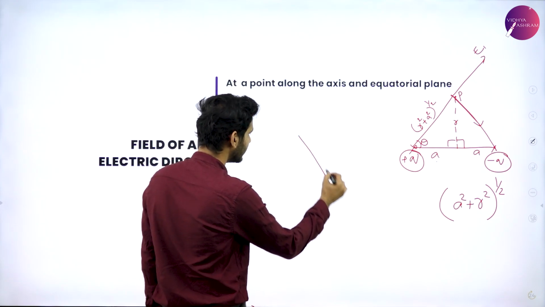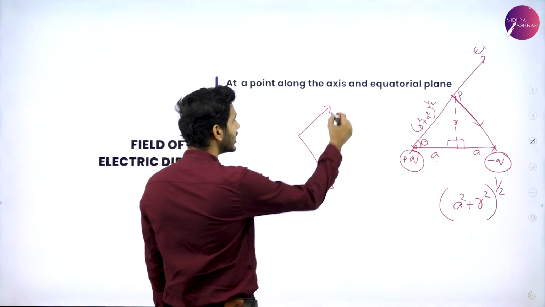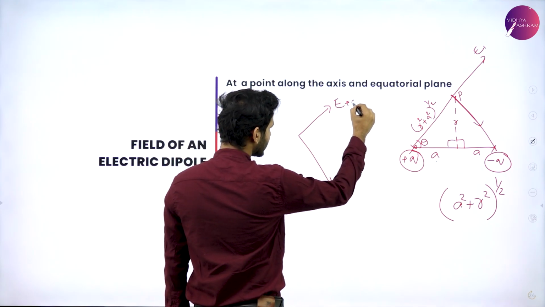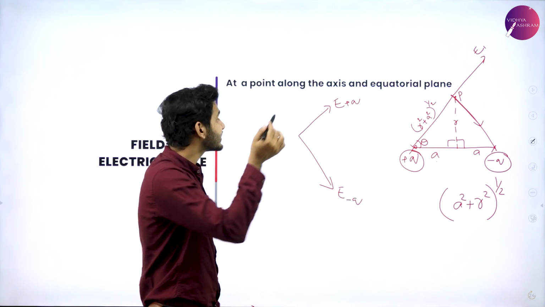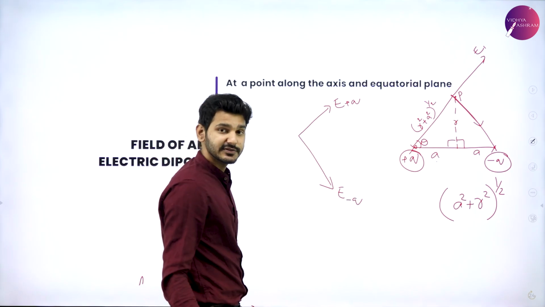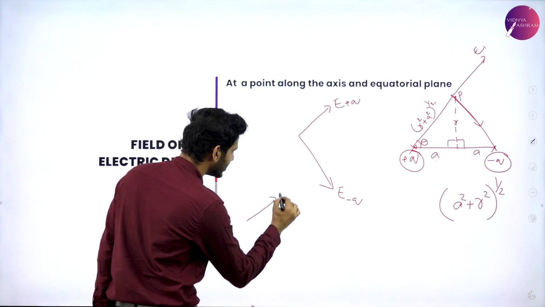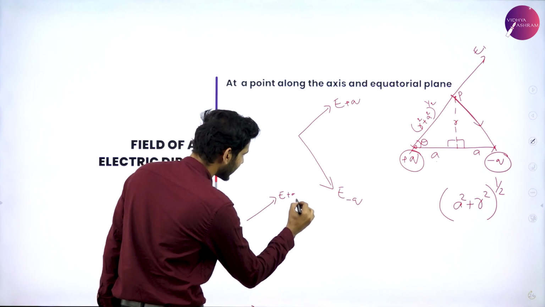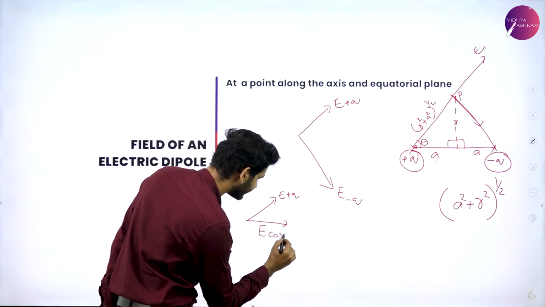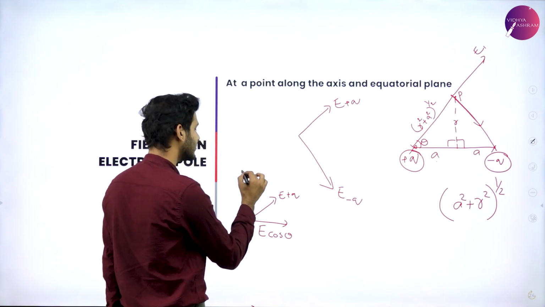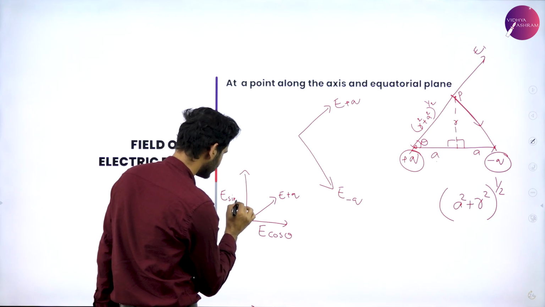So this will be the actual representation of the field lines due to positive charge Q and negative charge minus Q. In order to resolve the positive component, that is E plus Q, we can resolve it as E cos theta and as vertical component, E sin theta.